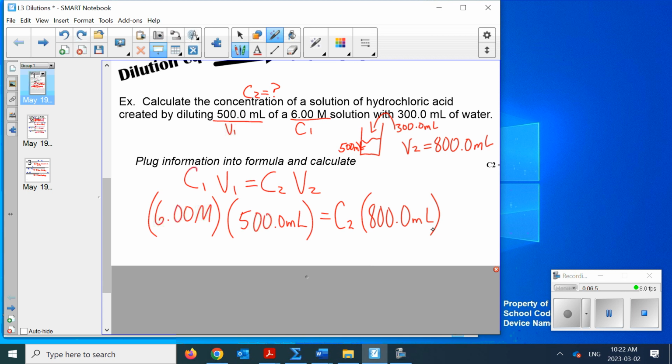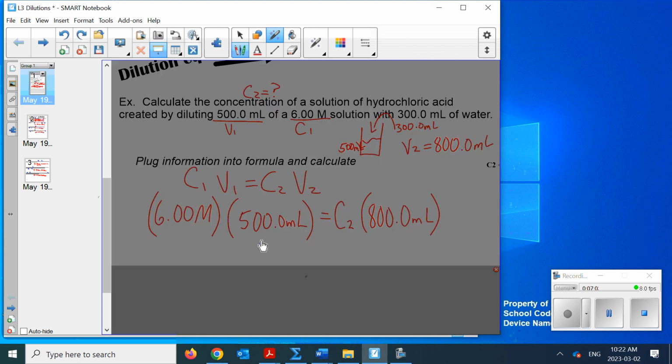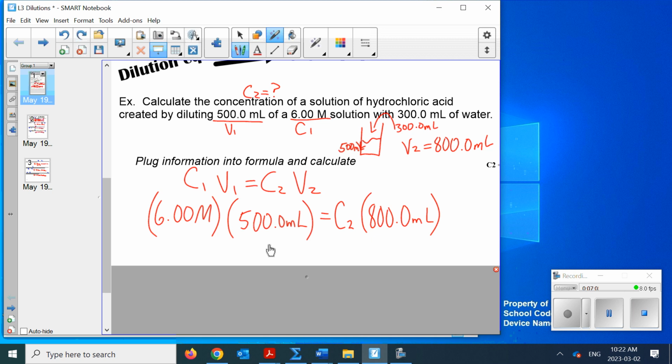Really, what happens is when you divide by 800, this cancels out. When I divide by 800 on both sides, actually I'll just show it. This is how it's solved.